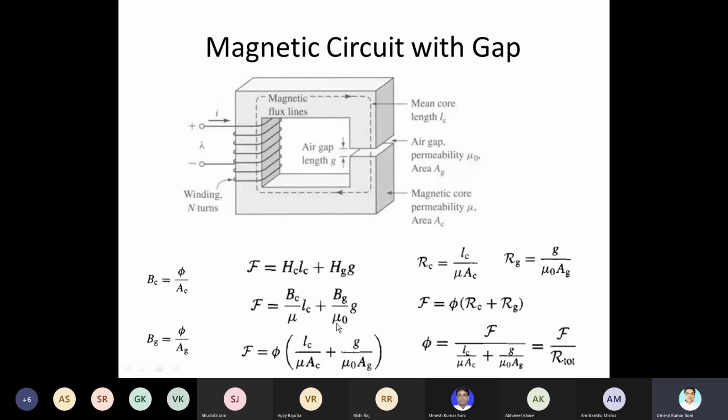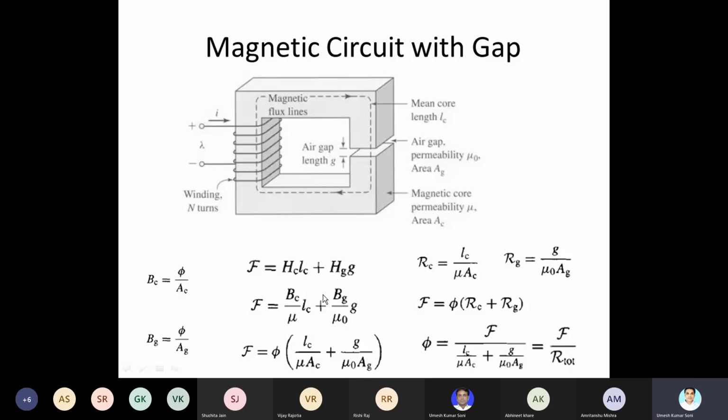So here mu zero is the permeability of the vacuum or air. You see that G is the length of the air gap. So total MMF Ni is equal to this. Clear?